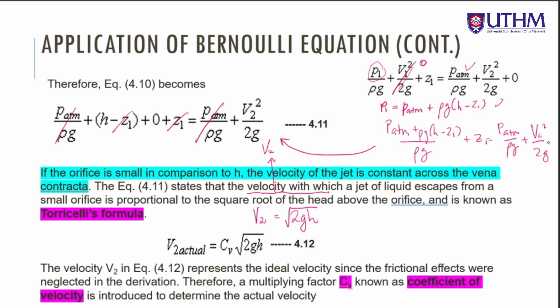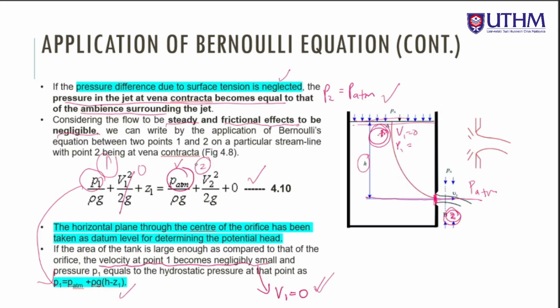Okay, so this one plus 0. Sorry, I forgot to mention earlier, Z2 is actually 0, because we considered the datum here. So to calculate the potential head, we start from this datum. From this point upwards there is a value.